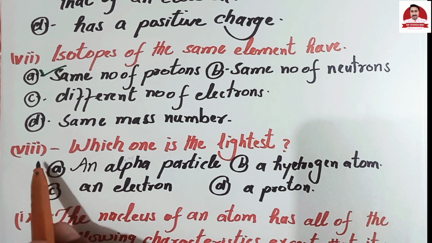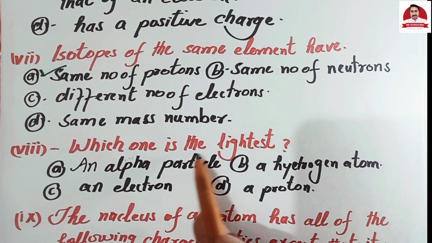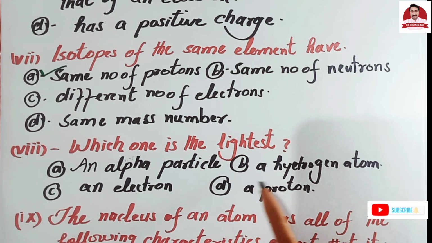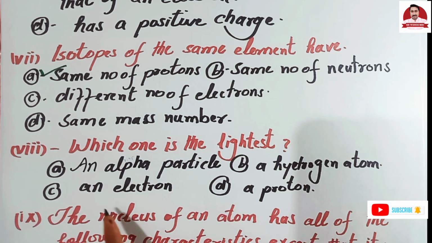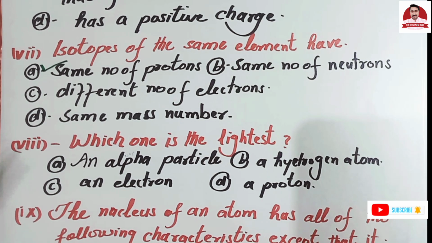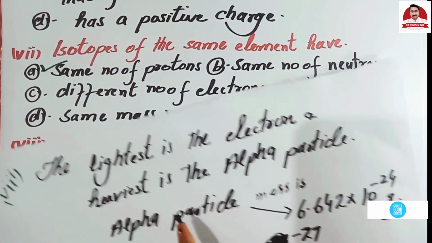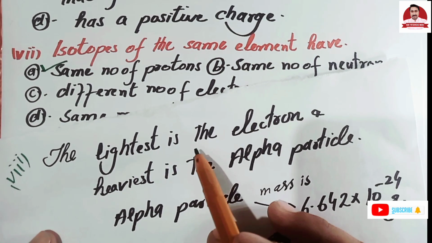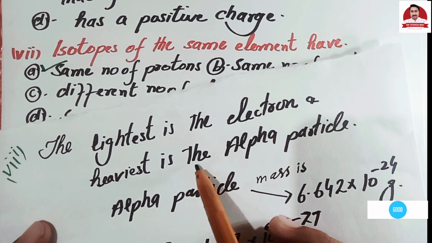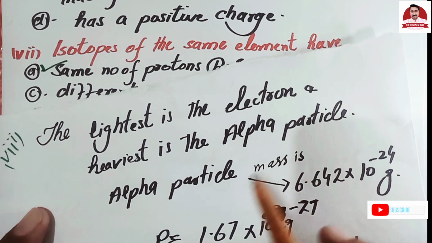Next question, which one is the lightest? Option A, an alpha particle. Option B, a hydrogen atom. Option C, an electron. And option D, a proton. The lightest of these is the electron, and the heaviest is the alpha particle.